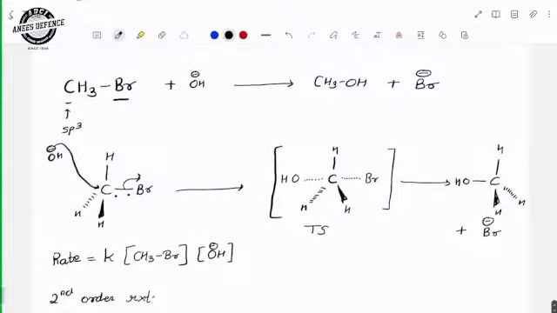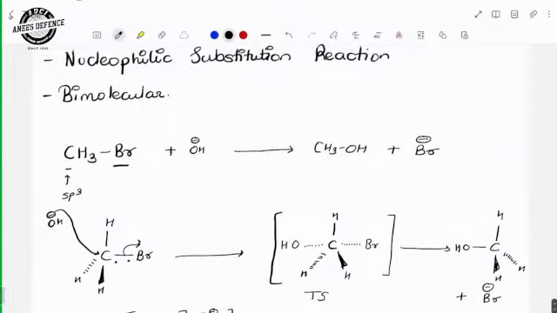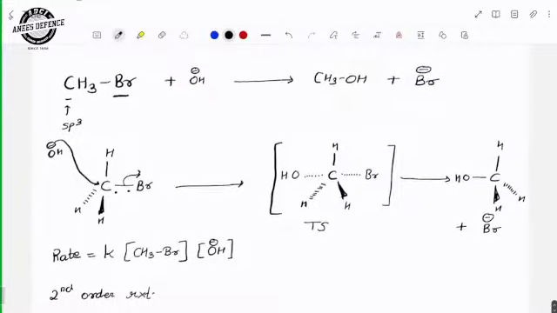So SN2 is a nucleophilic substitution reaction where bond breaking as well as bond forming are taking place simultaneously. Like you can see, OH minus is attacking the carbon atom and Br minus is leaving the carbon atom. So this is taking place simultaneously. So this is the SN2 mechanism.